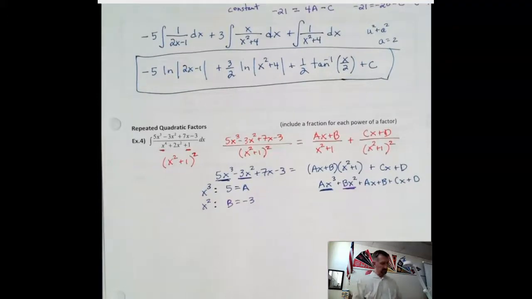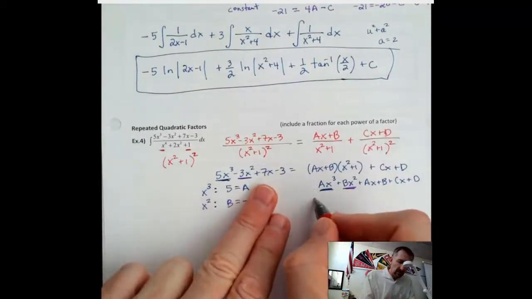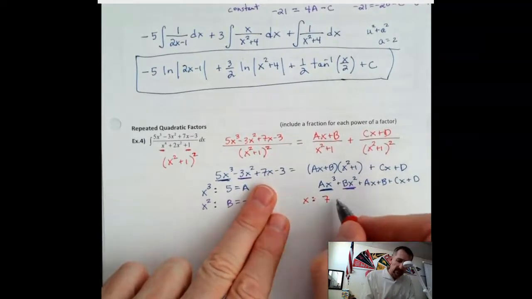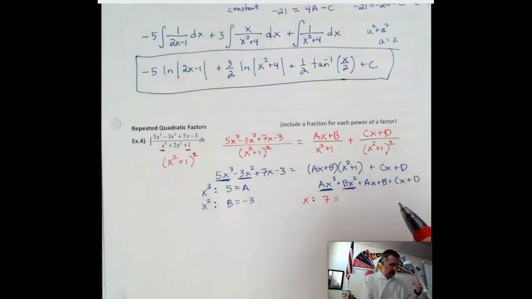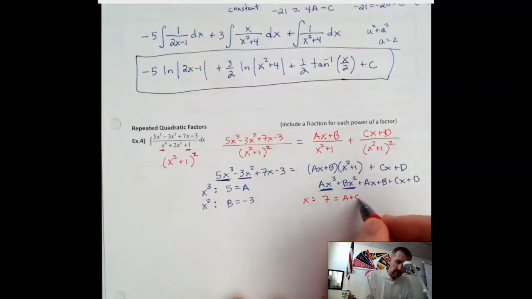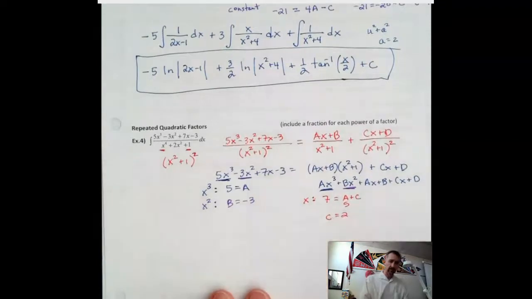So now we're getting closer. We can focus on the x terms. The coefficient of x is 7, and that means a plus c equals 7. We already know that a equals 5, so c equals 2.